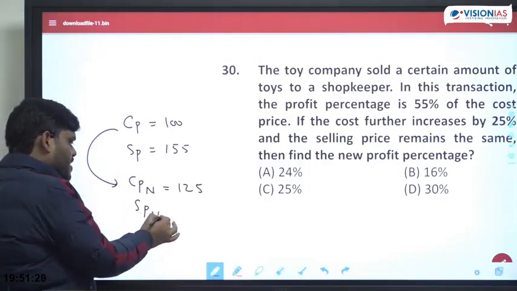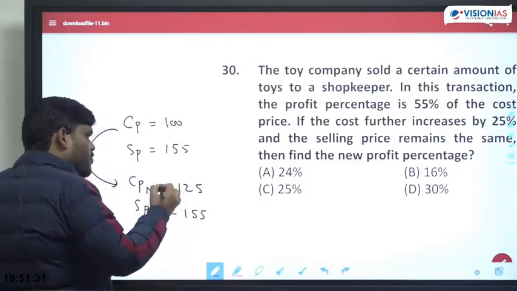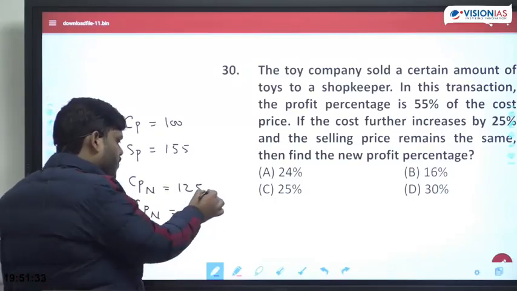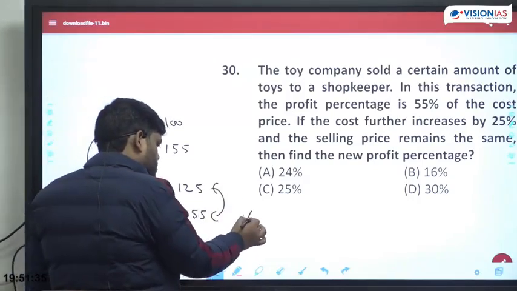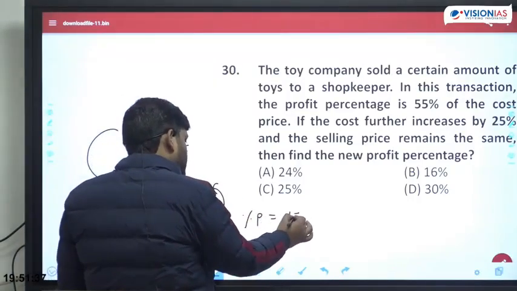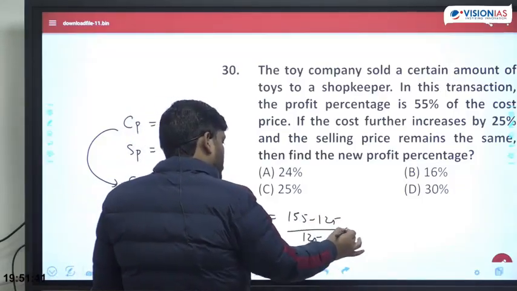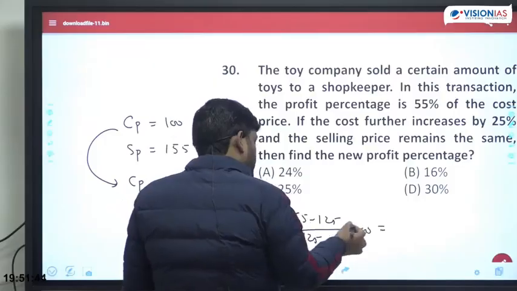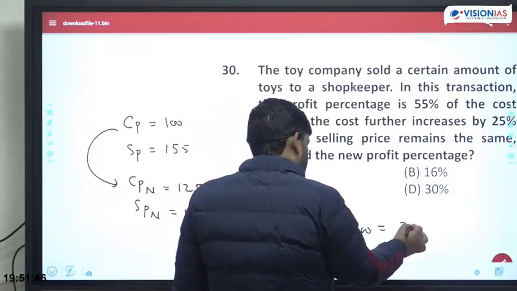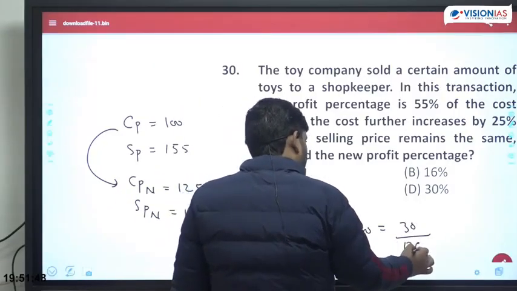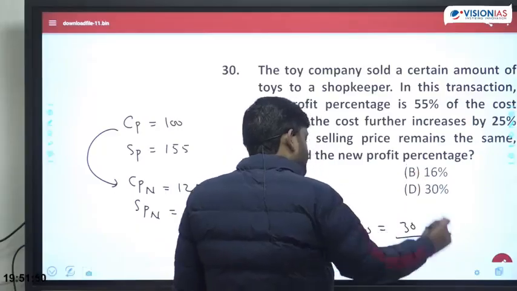But the selling price remains the same. Find the new profit percent. What is new profit percent? Selling price minus cost price upon cost price into 100. This is 30 upon 125 into 100.